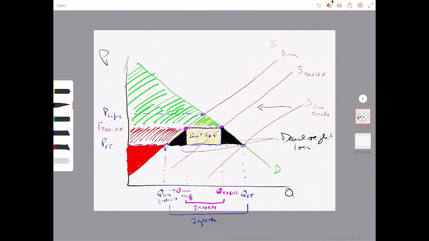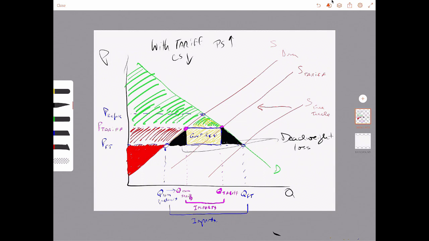So the overall economy is harmed by the tariff. The consumer surplus goes down. So with the tariff, consumer surplus falls.